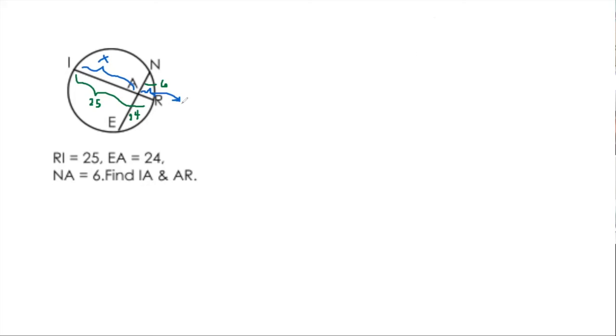So your working equation should be, very good, 25 minus x. So IA times AR, this is your working equation, is equal to EA times AN.